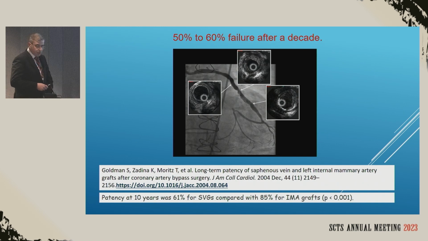This is a nice coronary angiogram picture that shows intimal hyperplasia in the mid portion. And we know for a long time that the graft failure rate is around 50 to 60% after a decade. This is the literature that we know.